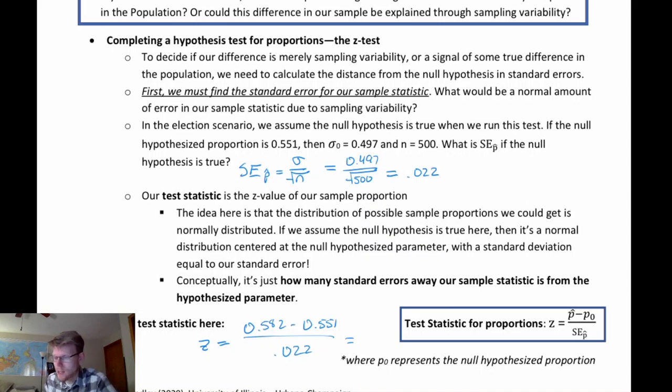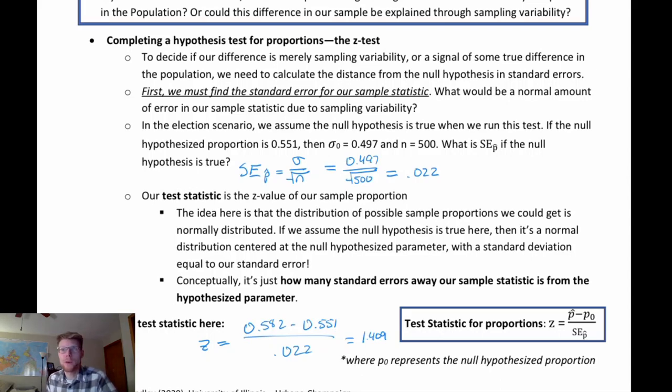And this is going to give us 1.409. So we are about 1.409 standard errors above this null hypothesized p.